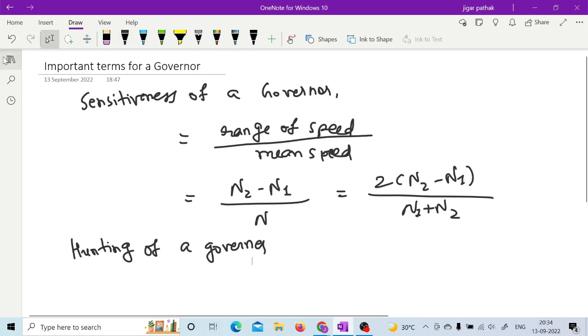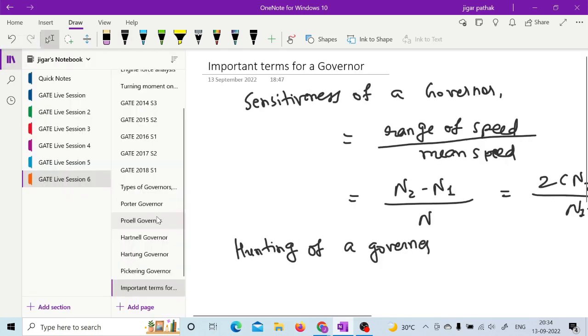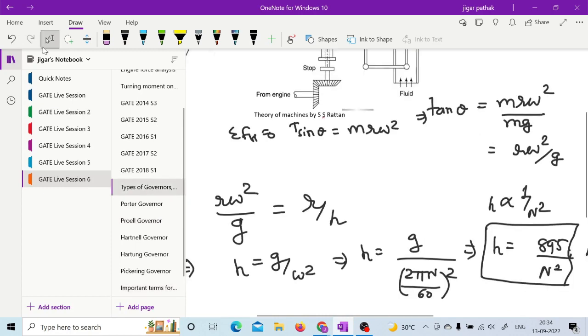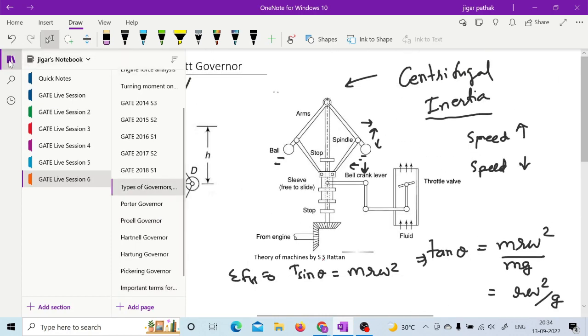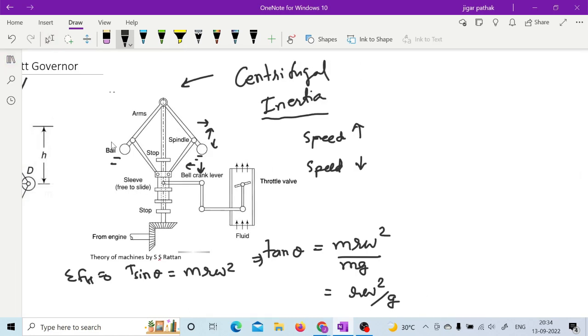So if you see that figure which we have seen earlier, if this is the equilibrium speed, and when the speed is increased, the fly ball will move upward, right? So the fuel supply will be decreased.